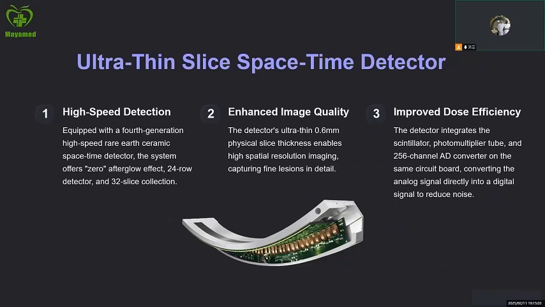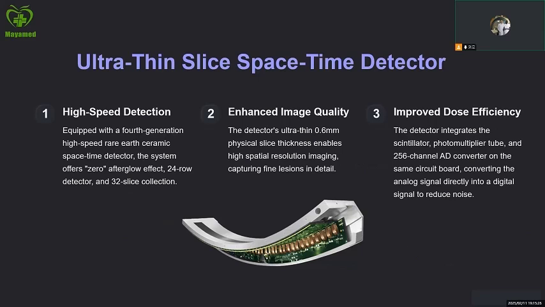Afterglow effect is not good in the CT scan. So this system offers zero afterglow effect, which means improved image quality, and also the 24-row detector with a 32 slice collection can help to improve the scan speed.